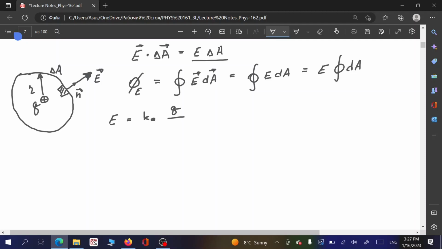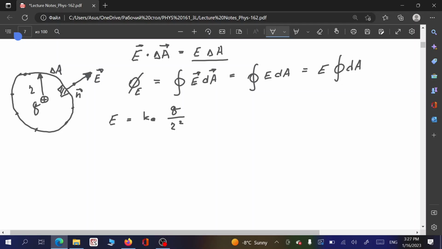Q divided by r squared. That is what we derived last lecture, and it definitely is applicable to our case today.